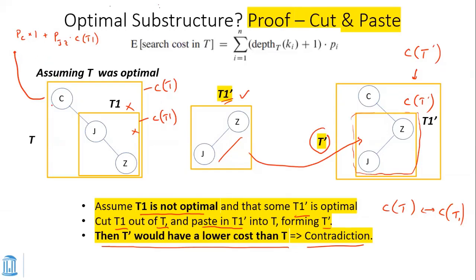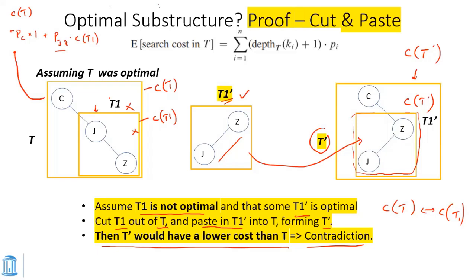So you're saying that the cost of T is basically the probability of C times its depth, which is 1, because it's right at the top, plus the probability that this entire thing happens, P J Z, times the cost of T1. And the cost of T1 is assuming that it is at the root level. That it's not below, but actually right at the top.